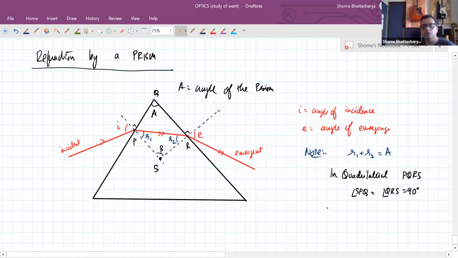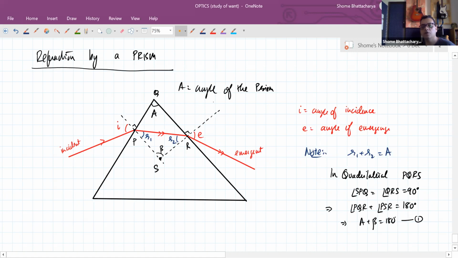From the property of a quadrilateral, that the sum of four angles has to be 360 degrees, angle PQR plus angle PSR must be equal to 180 degrees. So that means A plus beta must be equal to 180 degrees.